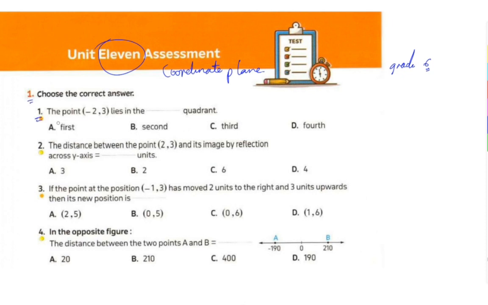First point, he said the point (-2, 3) lies in what quadrant? We have 4 quadrants: first, second, third, fourth quadrant. Okay, we know when x is negative and y is positive, this quadrant is the second quadrant.